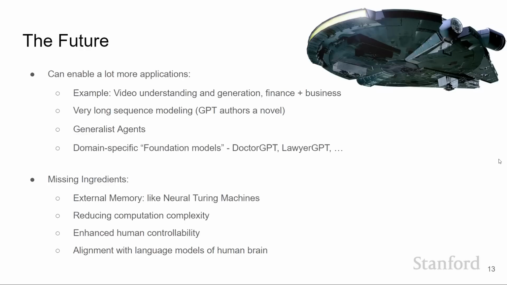We also want to have generalized agents that can do multitask, multi-input predictions like Gato. And so I think we will see more of that too. And finally, we also want domain-specific models. So you might want a GPT model that's good at, maybe, your health.